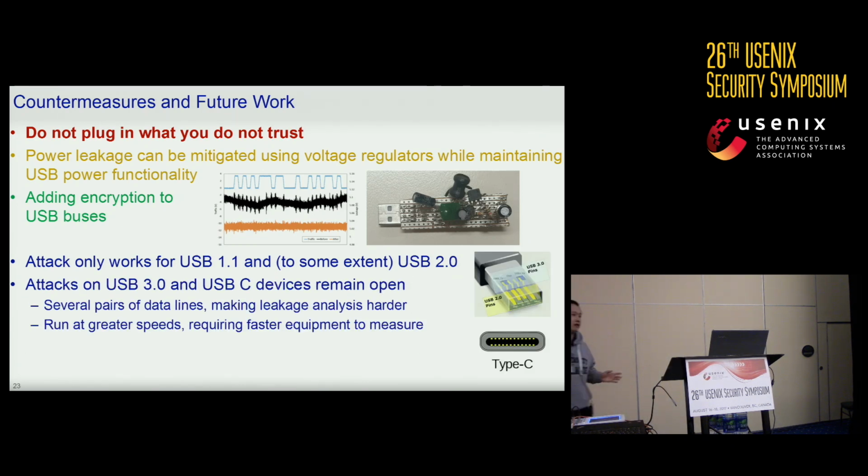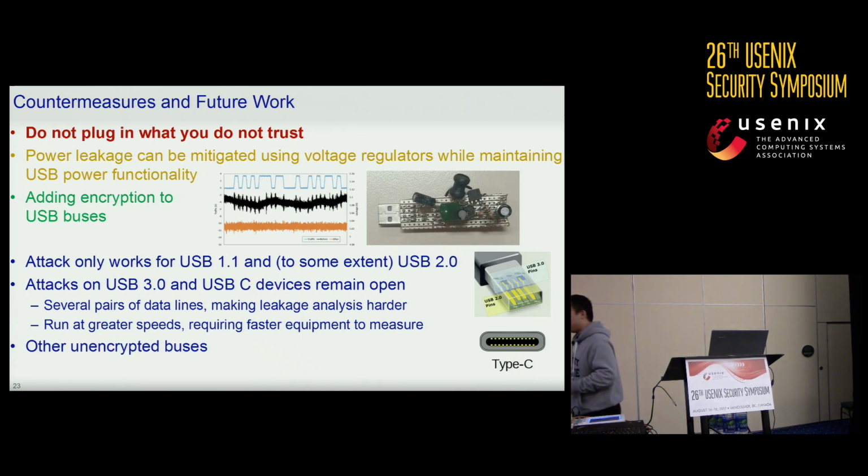It doesn't work on USB 3 or Type-C because some extra data pins have been added, which makes it difficult to analyze the crosstalk leakage on USB 3. In addition, USB 3 runs at extremely high speed, which requires sophisticated equipment to capture the crosstalk leakage.